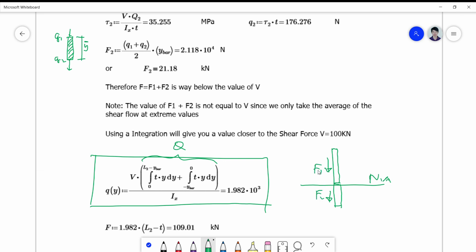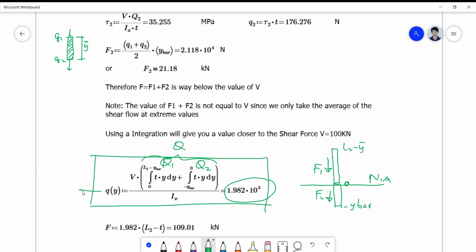Sorry, this is my Q1 rather, this is my Q2, which will represent F1 and F2. So I integrated from 0 as my neutral axis up to a value of L2 minus Y bar, and then from a negative value of Y bar up to a maximum value of 0. Then divided by Ix, which is constant, I get a value for my Q.